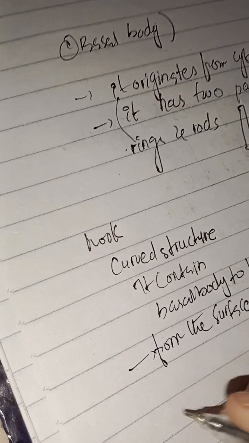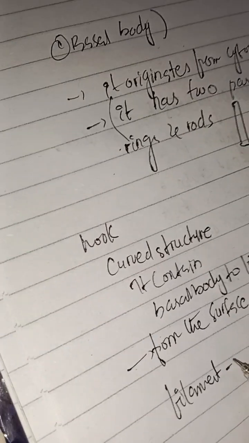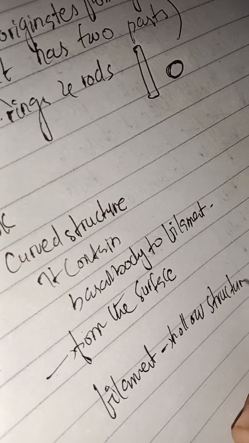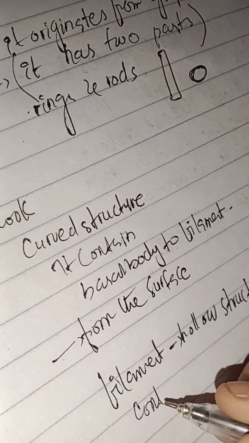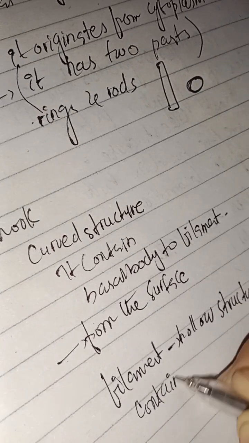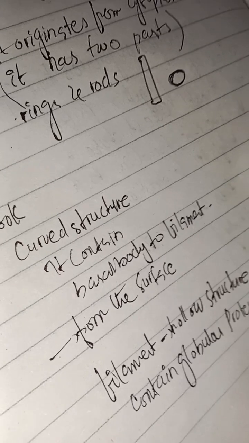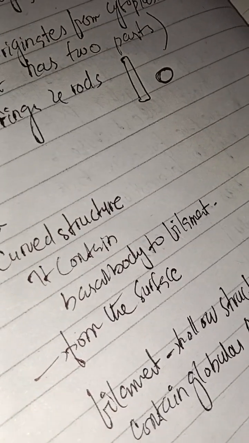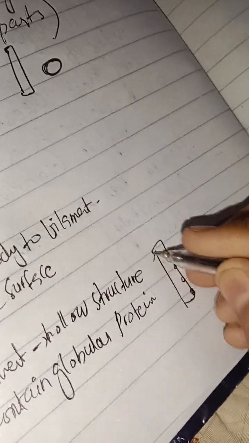Now the filament is a hollow structure that contains globular protein, and the structure of the filament is like this.